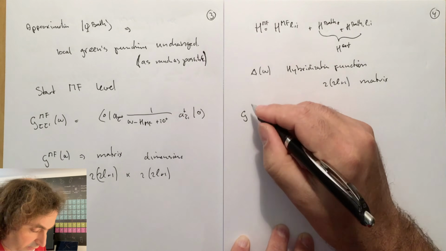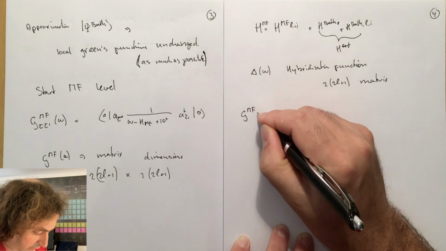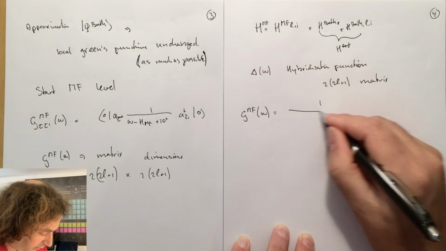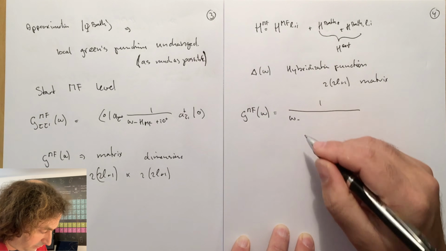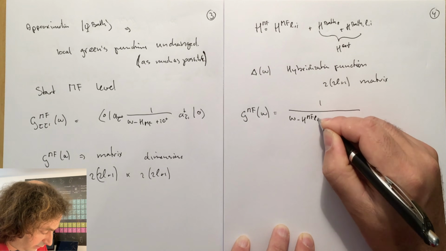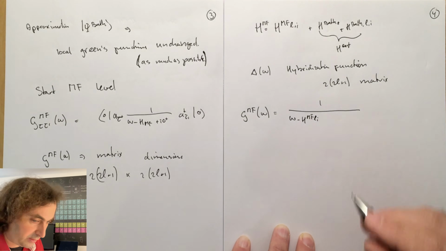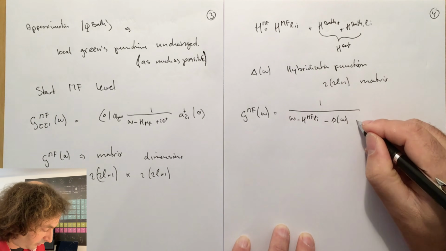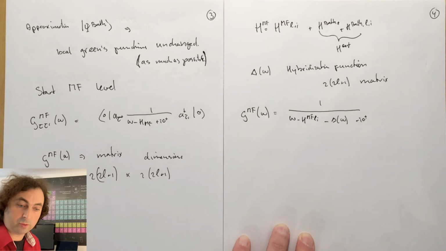And we will write our Green's function within mean field, or our matrix, as 1 over omega minus H mean field acting on site i and the L shell, minus the hybridization function, plus i0 plus, to make sure that our poles are below the real axis.